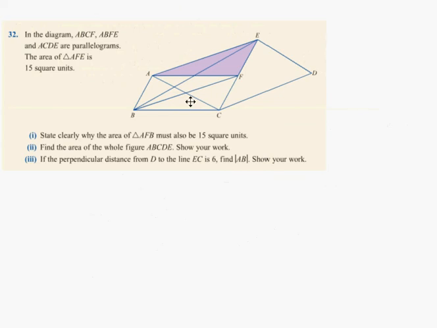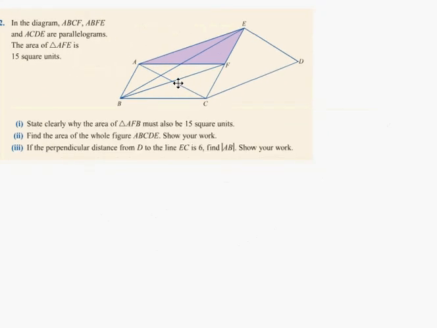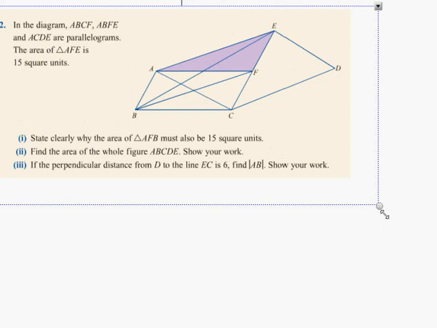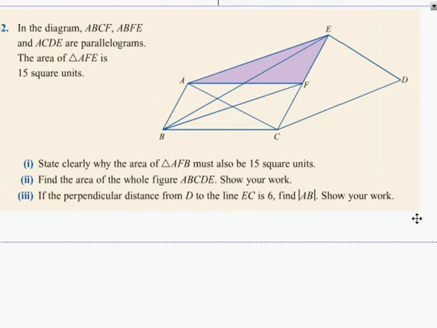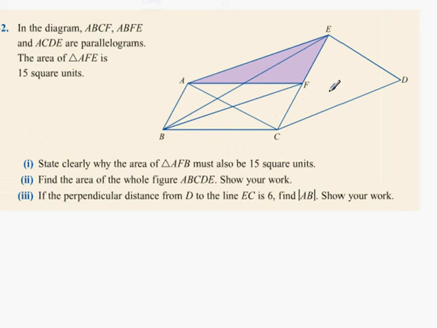Question 32. These ones, I have to say, I struggle at just by being a maths teacher. The visual stuff just roots my brain the wrong way. So the diagrams: A, B, C, F, being the bottom one here, the bottom parallelogram. Grand.